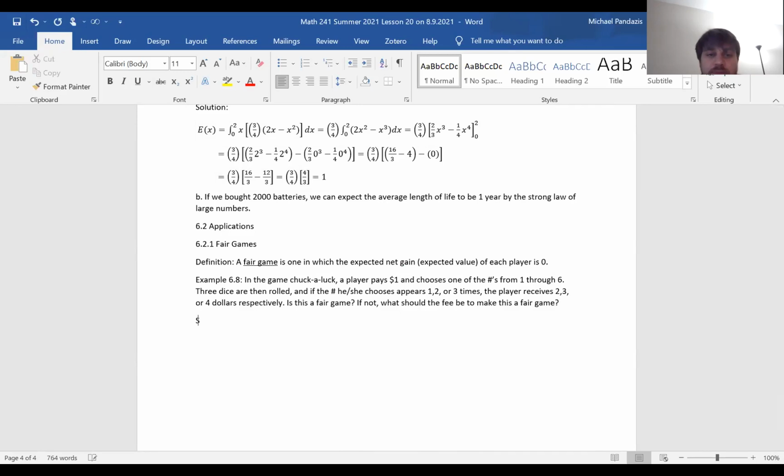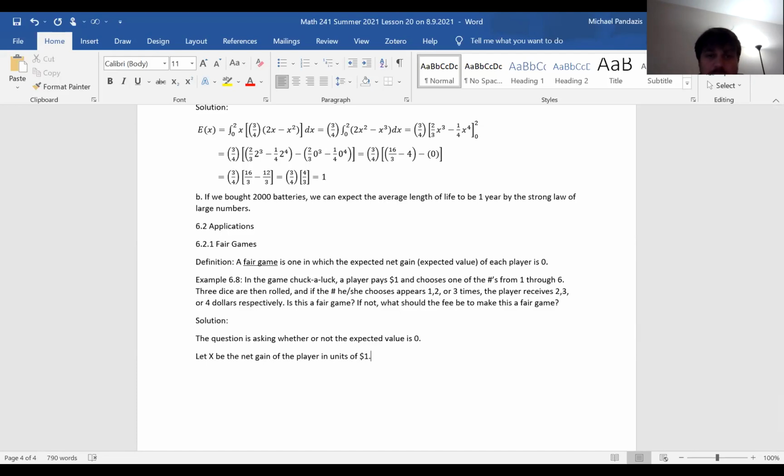Okay. So the question is asking whether or not the expected value is 0. Okay. So let capital X be the net gain of the player in units of $1.